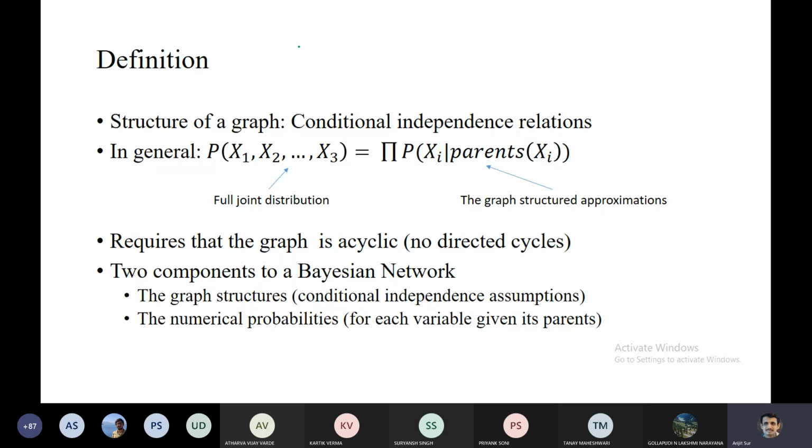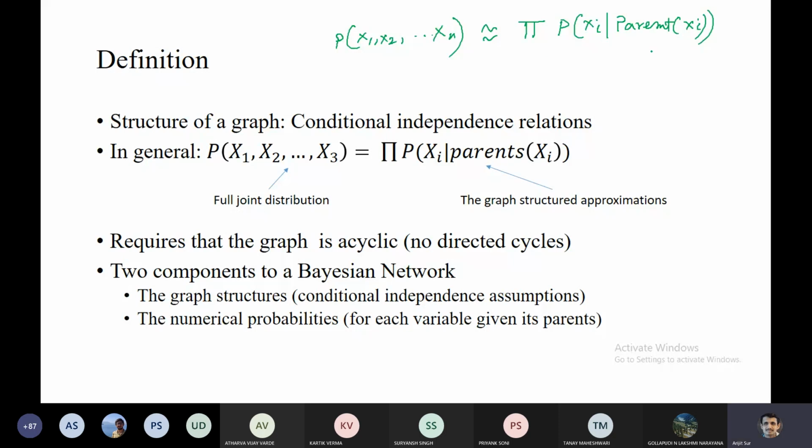So in general, the structure of a graph gives the conditional independence relations. The joint distribution of x1 to xn is approximated using P of xi given the parents of xi, because each variable only depends on its parents.